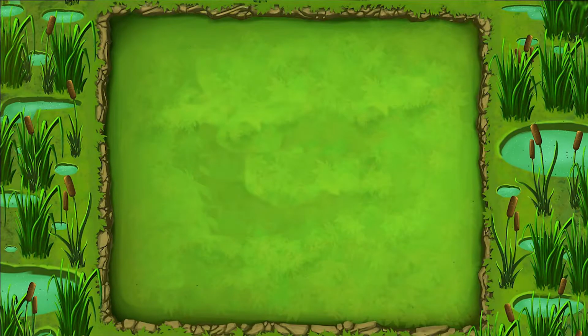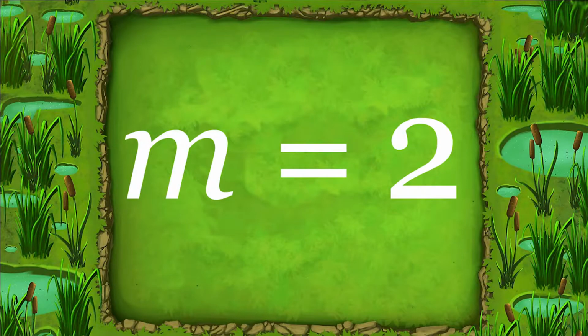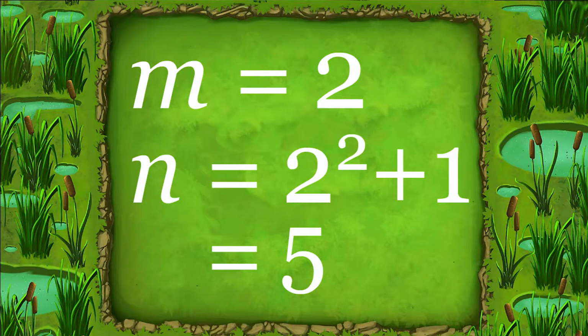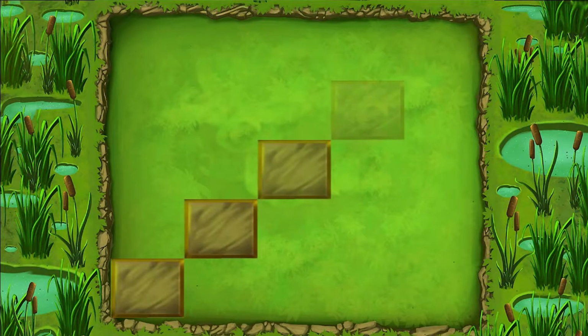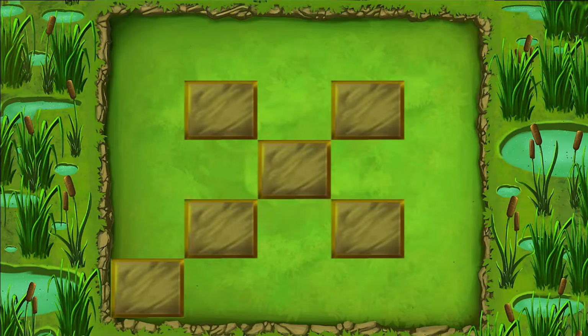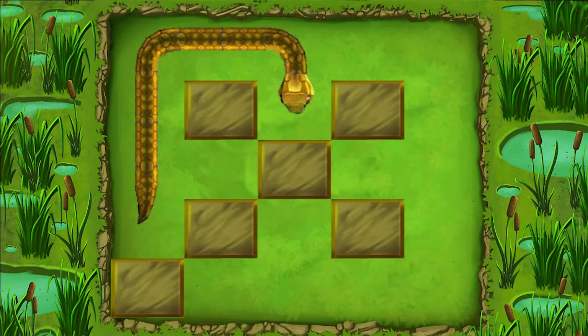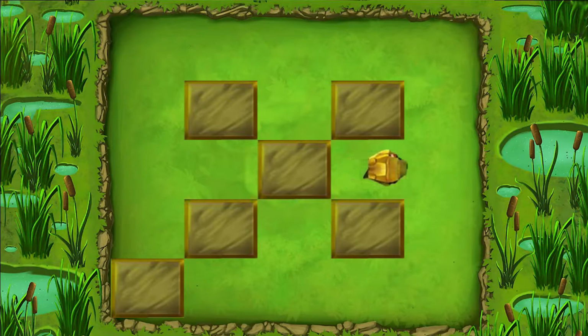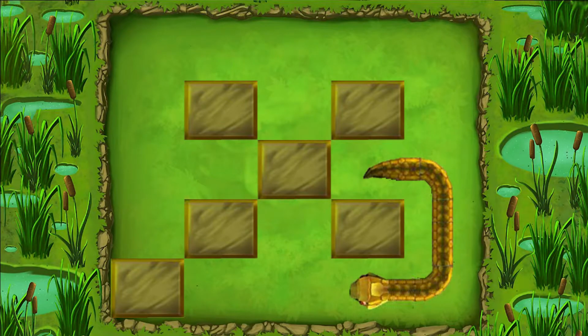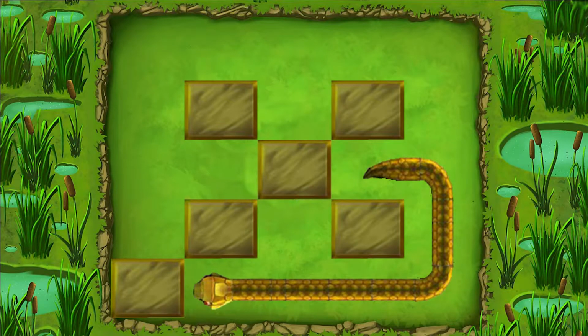Let us check, for example, the case where m is equal to 2, or equivalently, the case where n is equal to 5. Let us distribute 6 stones in our field, as in the illustration. It can be easily seen that with this arrangement of the stones, our snake will never be able to run over itself, no matter what its initial point of crawling.